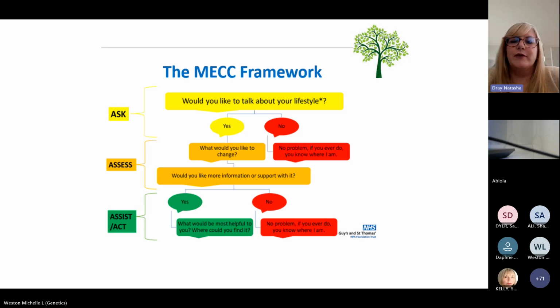So we were able to discuss ways that she could go about looking into stopping smoking, and I was able to signpost her to the NHS Quit Smoking app. And with her consent, she was happy for me to refer her to the smoking cessation team at Guy's Hospital as well. So that was a very positive experience.